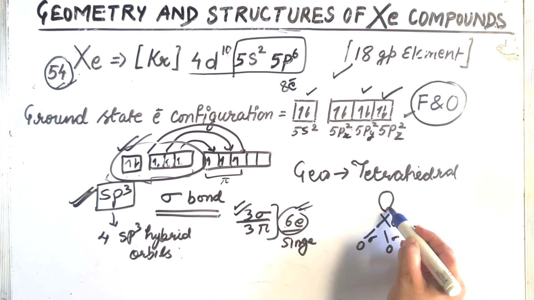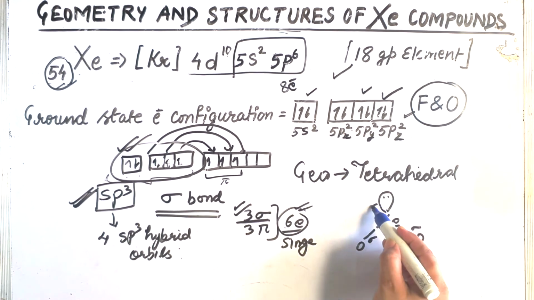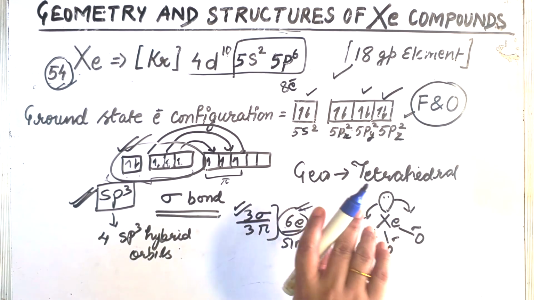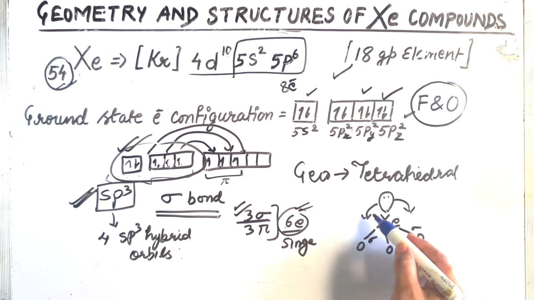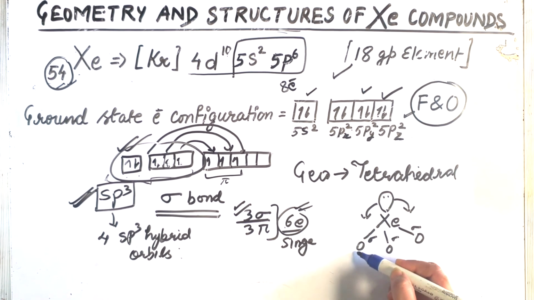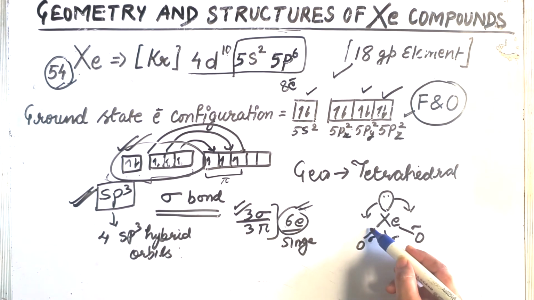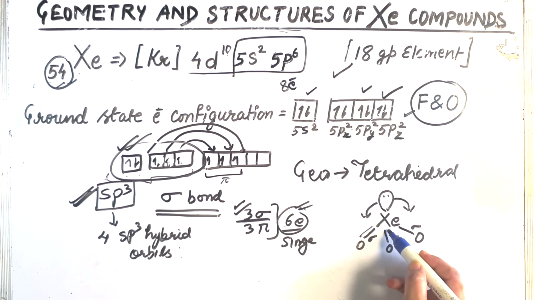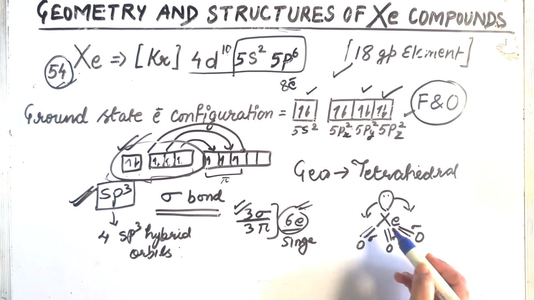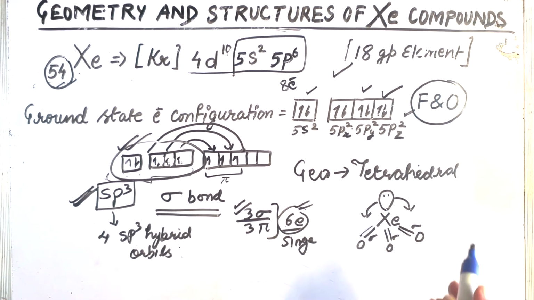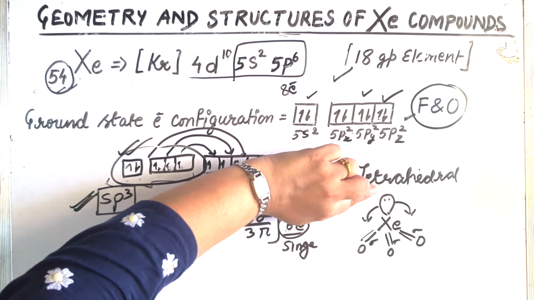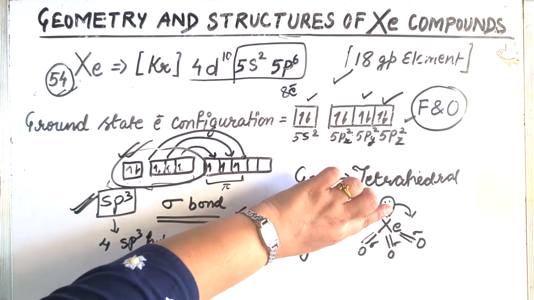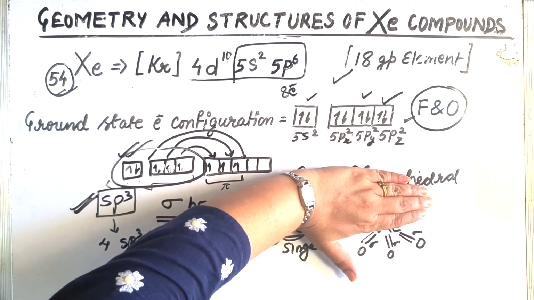So this lone pair will occupy the space at the upside, which is going to repel these two with force. One more bond, because oxygen is satisfied with 2 bonds only. So 1 sigma, 1 pi and 1 pi will be formed between them. But look at this, the lone pair is only a cloud, that is why it is not going to contribute to the structure. So the structure becomes pyramidal.